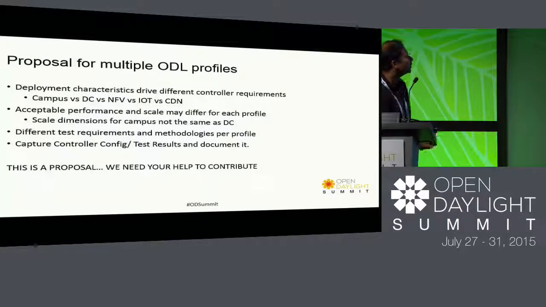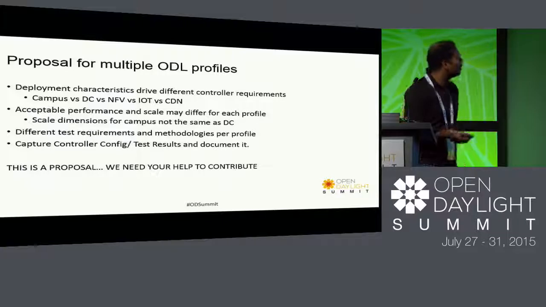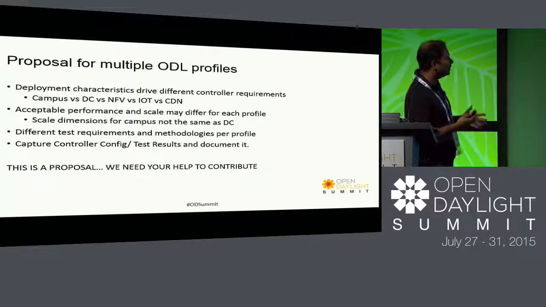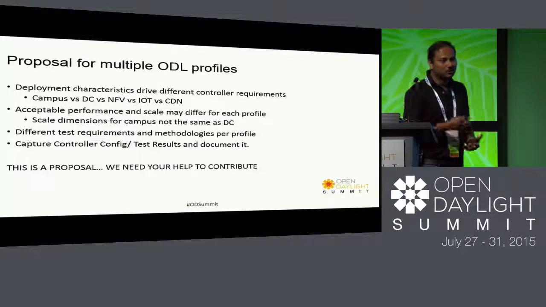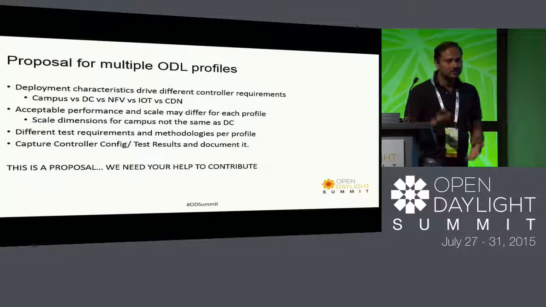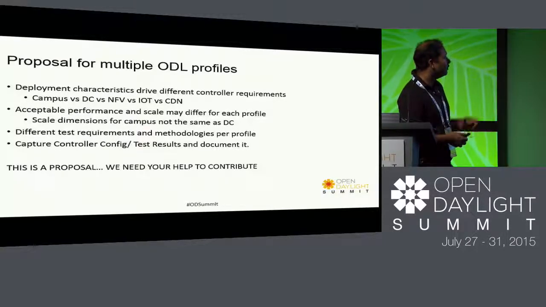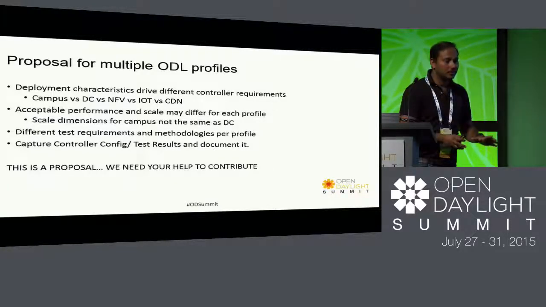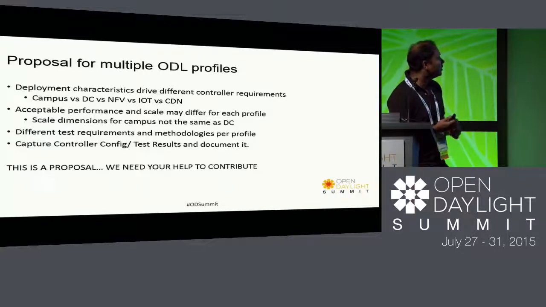So what we are trying to propose here is to identify some deployment characteristics, for example, campus versus data center versus NFV. Campus will have its own plugins versus data center. So identify them and characterize them. We'll find some test requirements and methodologies for each profile, and then test accordingly.